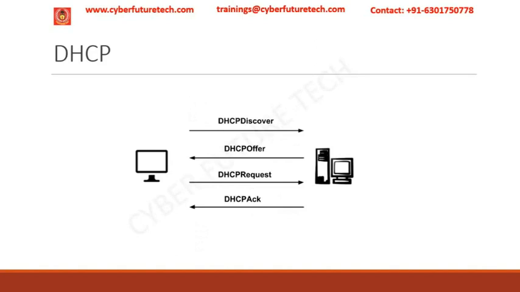The next is DHCP, Dynamic Host Configuration Protocol. It is mainly used for dynamic IP addressing configuration for networks. There are two types of address. One is static, the other is dynamic. Static IP address doesn't change, and dynamic address is used in many devices.